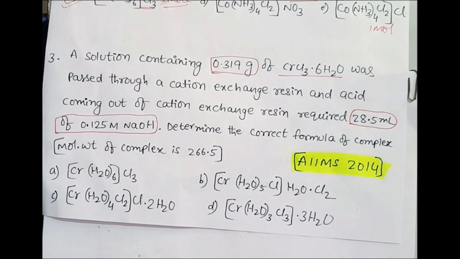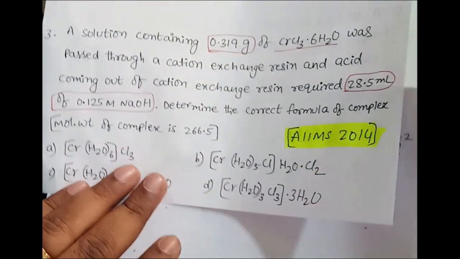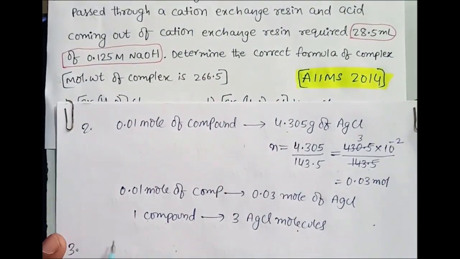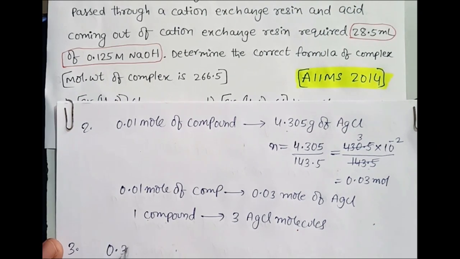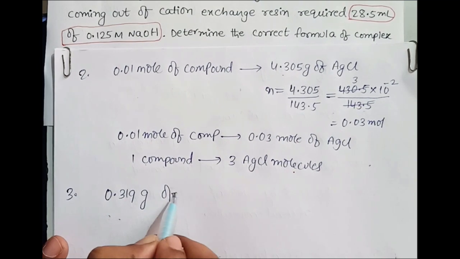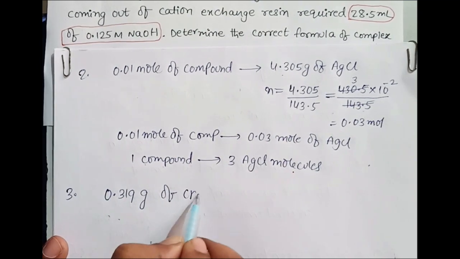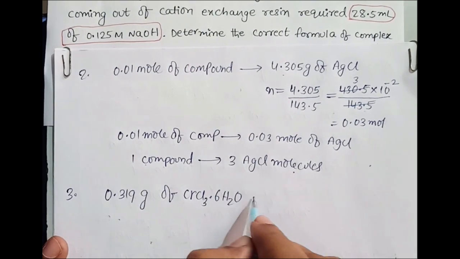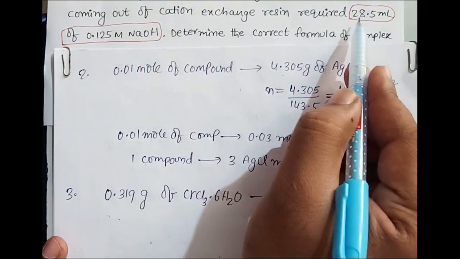So the complex compound, first understand what is given. Question number 3. 0.319 gram of chromium complex, that is CrCl3.6H2O, is passed through cation exchange resin.